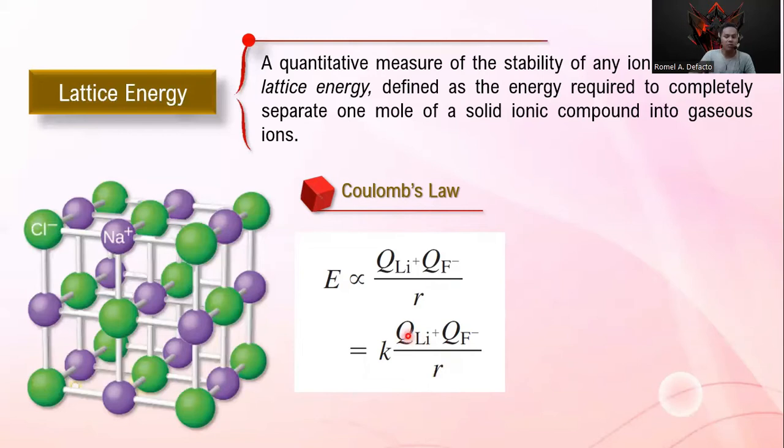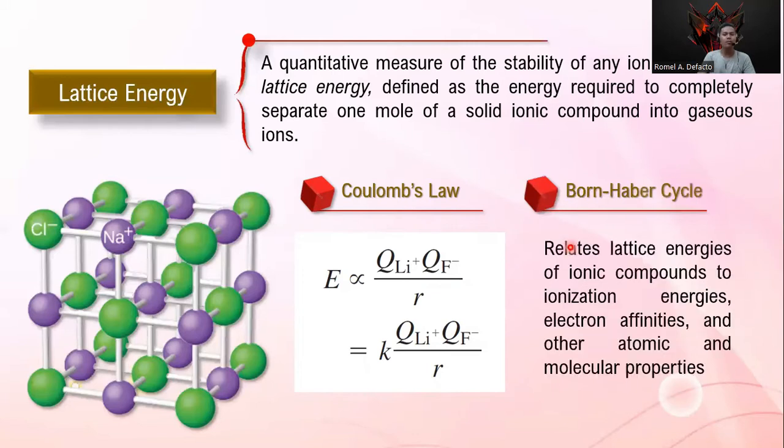Mao na siya ang buot pasabot. So we can use the concept of the Coulomb's law here, and then the other one is a more complex one which is called the Born-Haber cycle, which relates the lattice energies of ionic compounds to ionization energies, electron affinities, and other atomic and molecular properties.